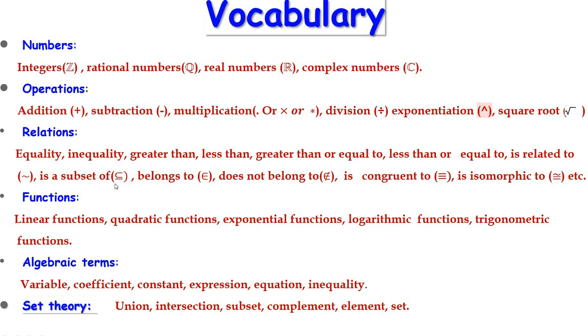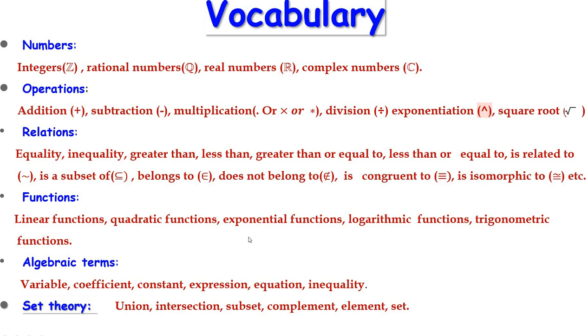And another relation that we use between sets is subset. And whether an element belongs to a set, that is usually denoted by this symbol. And this is used to denote when an element does not belong to a set. And you will later know what is meant by this congruence relation and isomorphic relation and so on.